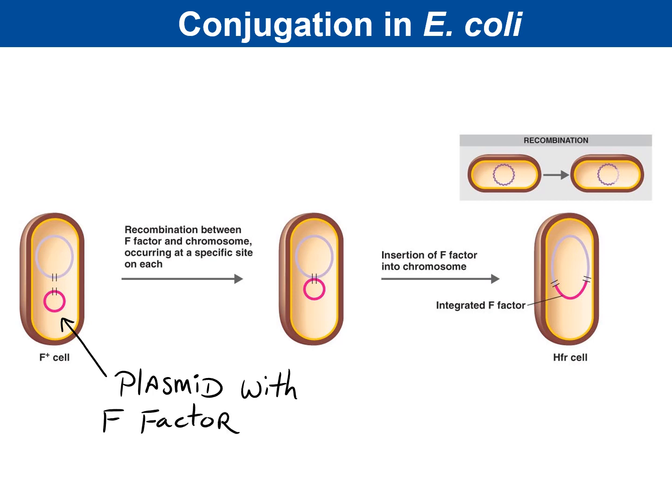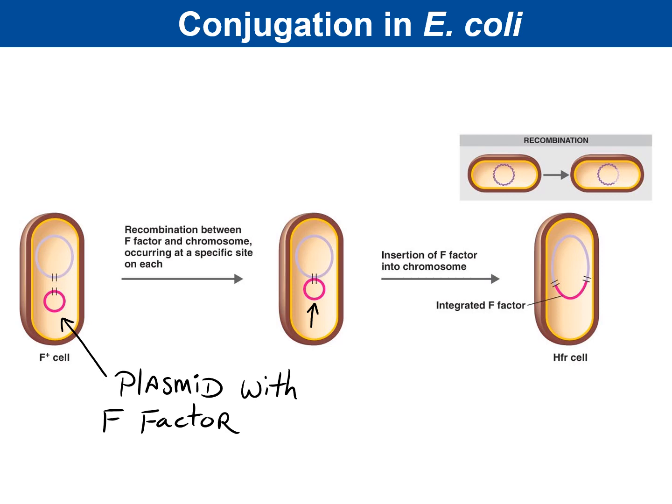And so this F positive cell may experience a change at some point during its life where, for reasons that are not always understood, the plasmid may join, like we see here. The plasmid can become part of the chromosome and insert itself.